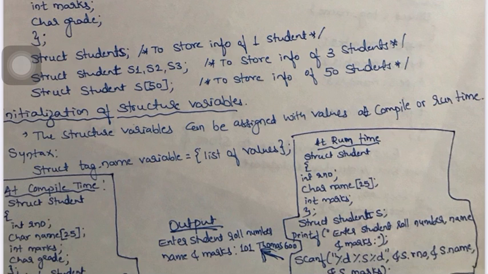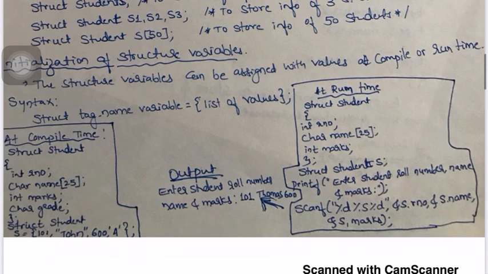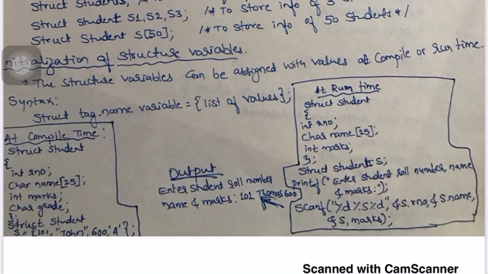This is the syntax: struct, then the structure name or tag name, then the variable, and then you can have a list of values.